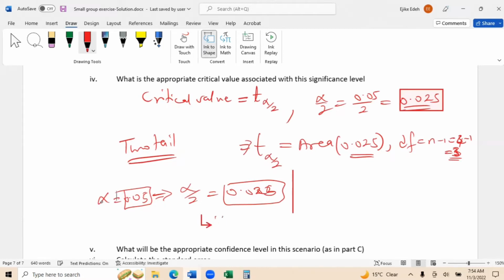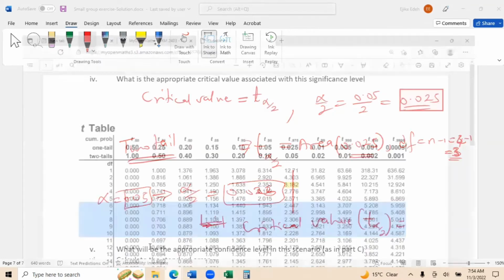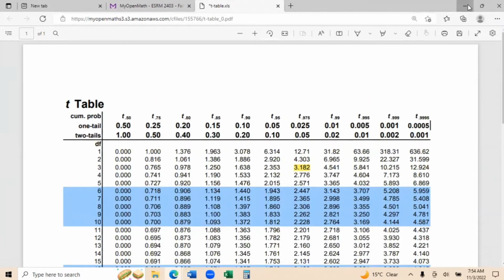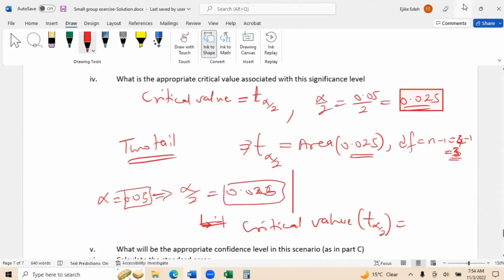The critical value, which is for T alpha over 2, is given as the value I have there, which is 3.182. Okay, so this is the answer for that.